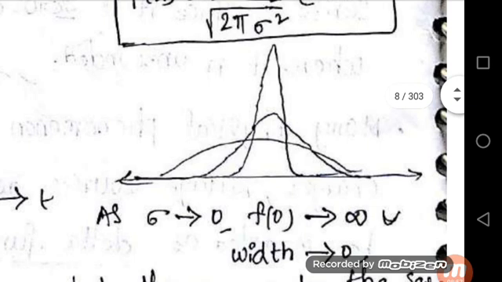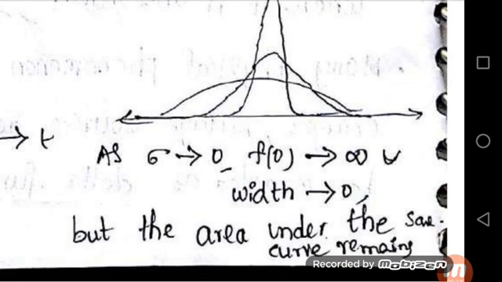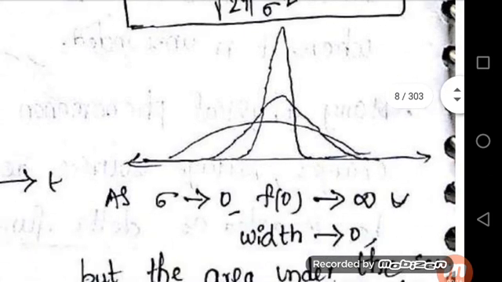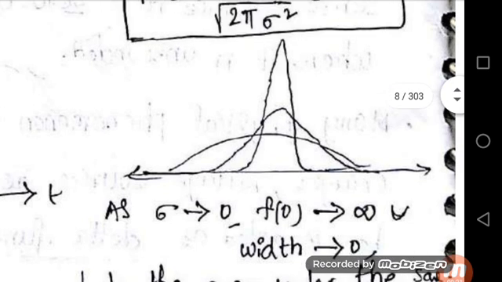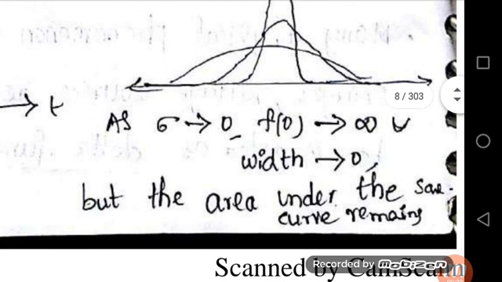As sigma tends to 0, f of 0 tends to infinity and the width tends to 0, but the area under the curve remains the same. So the wave shapes are of three types.